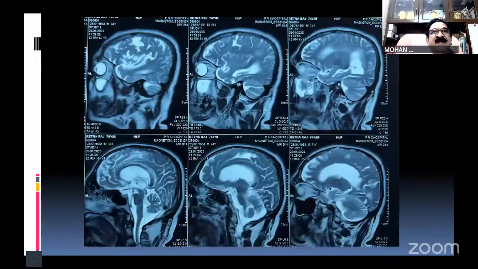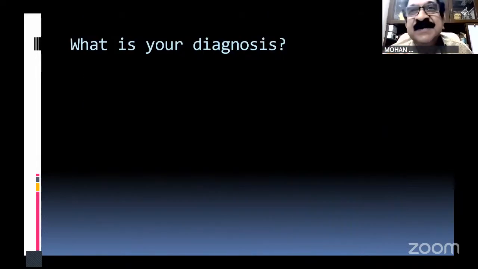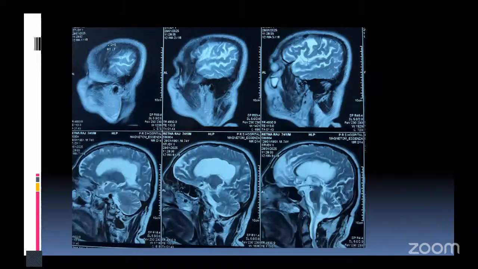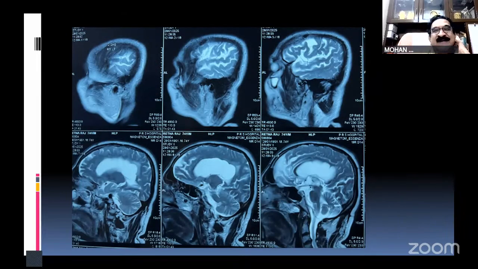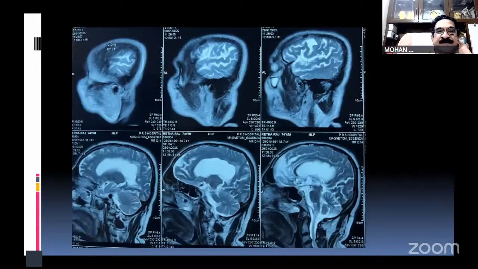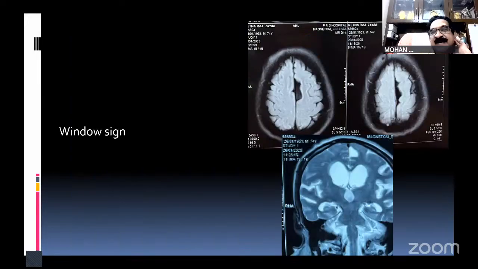Yes, leading question, he was complaining of urgency and micturition. So what is the diagnosis? NPH. This is typical NPH, because this is the classical finding which makes you suspect that the patient is going to respond. Now, what are the findings? I'll tell you about this particular patient. This is the window sign.